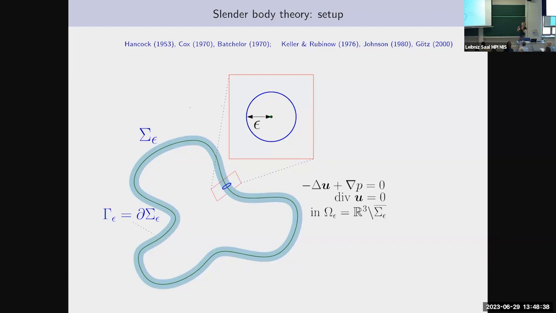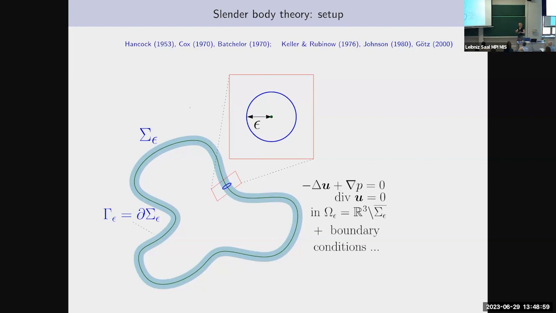If we wanted to most accurately model the interaction of this filament with the surrounding fluid, we would prescribe some boundary conditions, probably some kind of elasticity law over the surface of the filament.